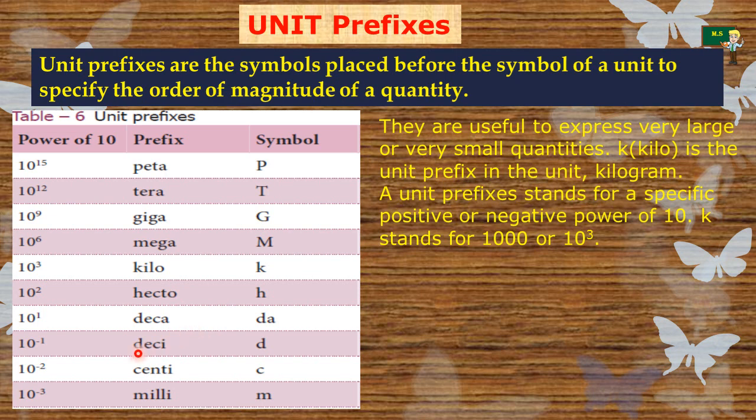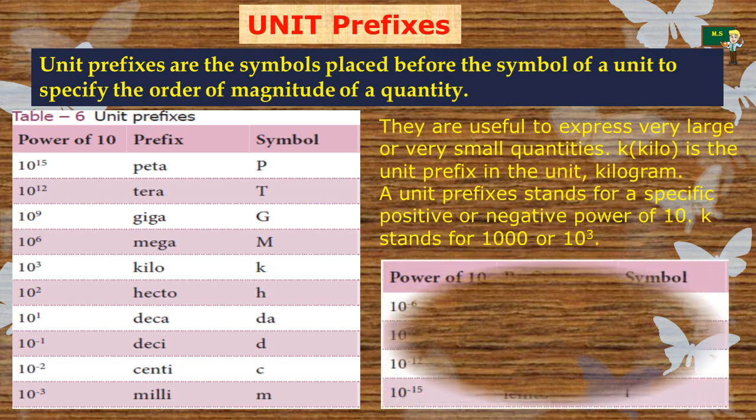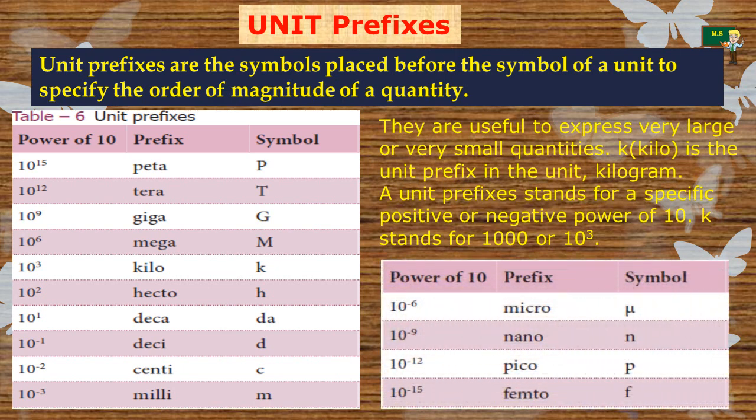Do you know, children, when we go to decreasing values, that means 10 to the power -1, it is deci and it has the symbol small d, and 10 to the power -2 has the prefix centi and the symbol is small c, and 10 to the power -3 has the prefix milli and the symbol small m. We also have some other prefixes and symbols in the minus values.